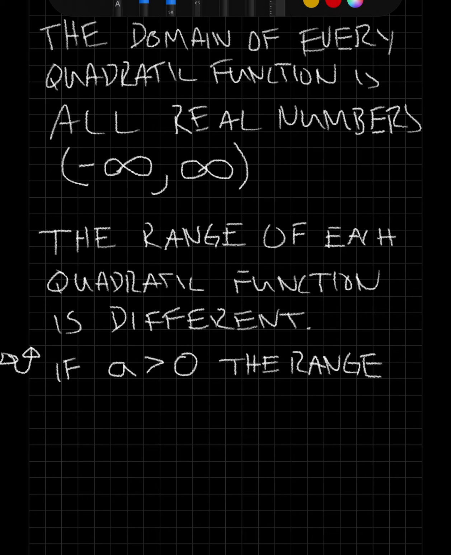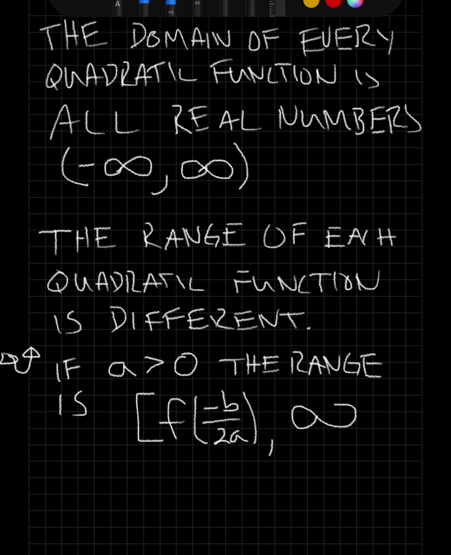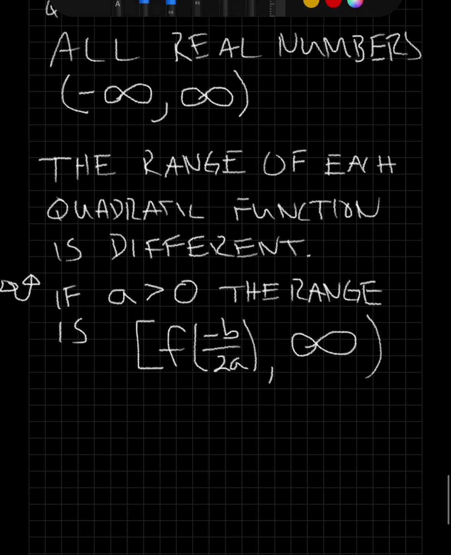So then the range is f of negative b divided by 2a, comma, positive infinity.